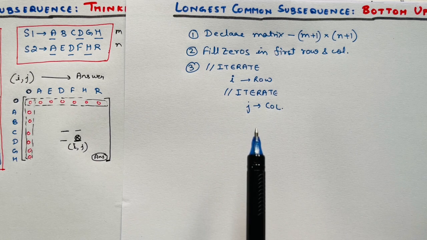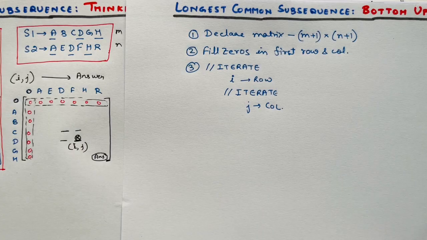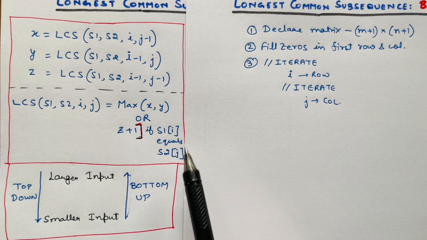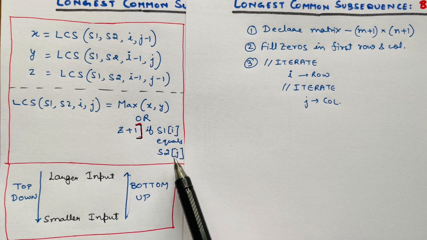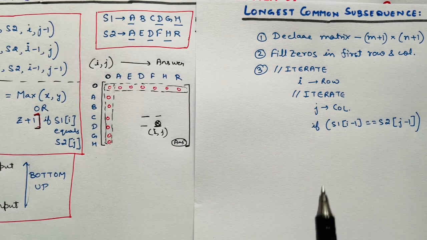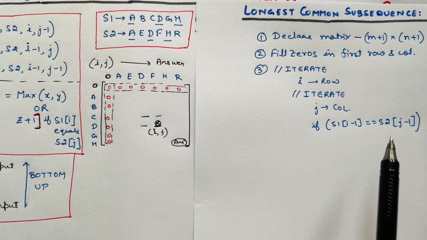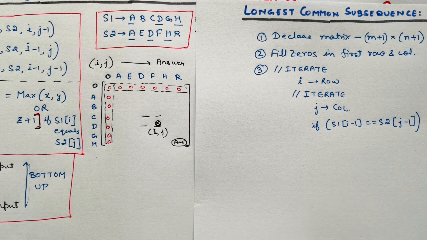Now we have to fill this position i, j. To fill the value at position i, j, first of all, we will check if the characters at the two positions in the strings S1 and S2 are equal or not. To check this, we will check the character at i-1 and the character at j-1 in S1 and S2 respectively.